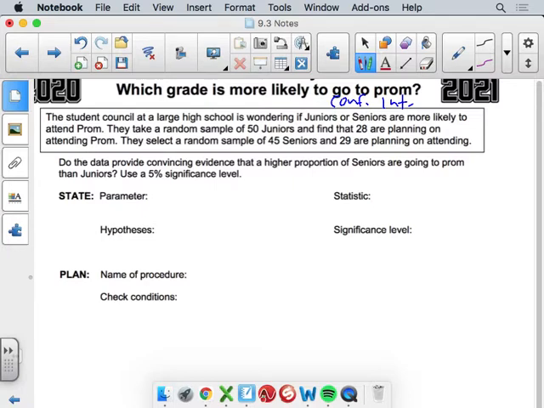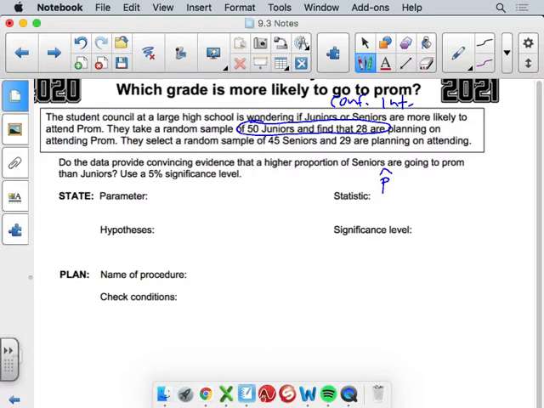So our problem is we had 50 juniors, 28 out of 50. I'm going to write this first. So the sample proportion, and we did this on Tuesday, is that right? Yeah, on Tuesday we did when you're doing two samples, I need to distinguish which one's which.